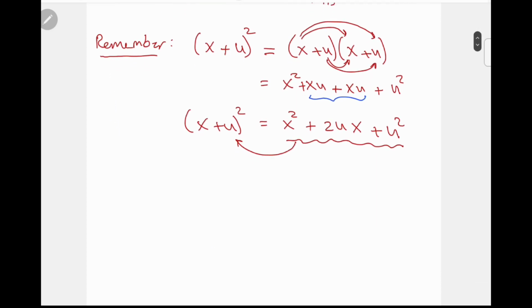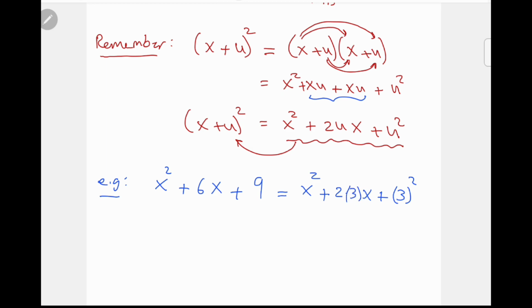For example, if I have x squared plus 6x plus 9, you see that this is expressed as x squared plus 2 times 3x plus 3 squared. So if you compare this to this and this to that, we can express this easily as x plus 3 squared.